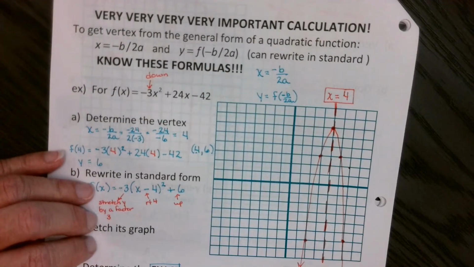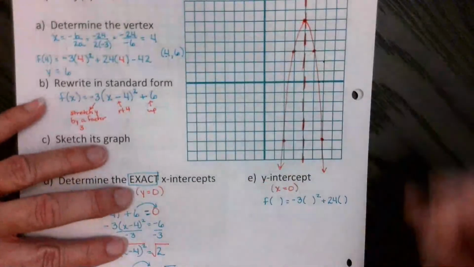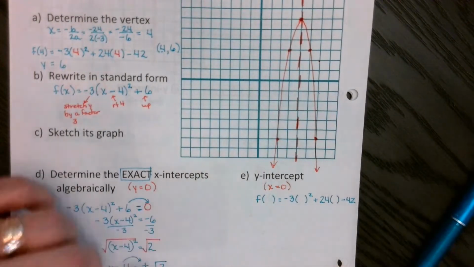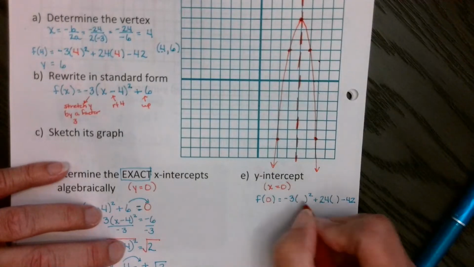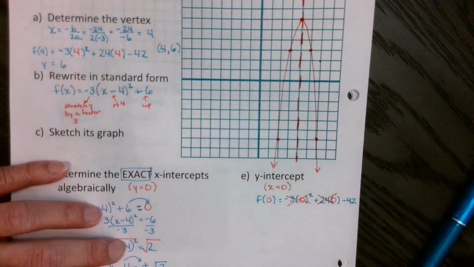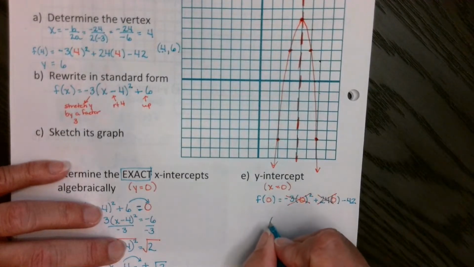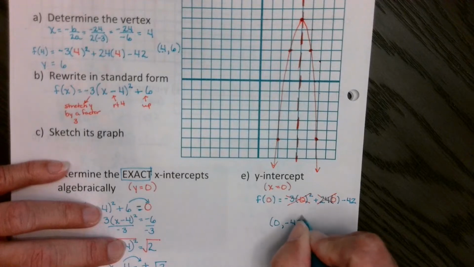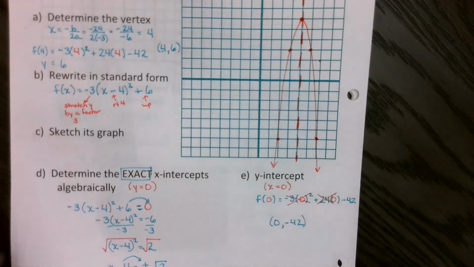Hold on, I'm writing my work out, and then I'll move my paper back up. Minus 42. Now, I don't need to write all this out because I can just look at it. That goes away, and when my x is 0, my y is negative 42. Obviously, it's way down here on the graph.